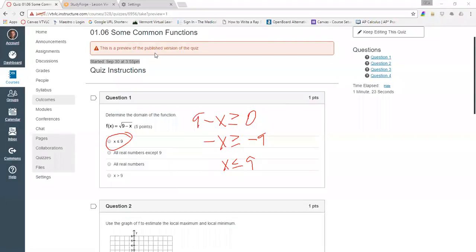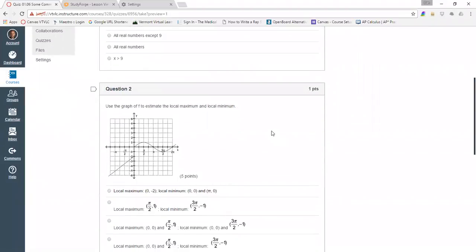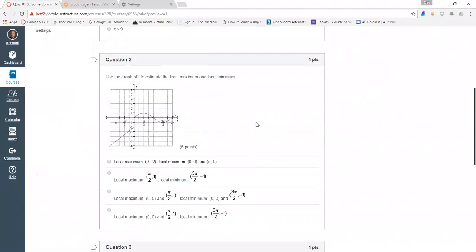So let's see if I can check it and see if I get it right eventually. I'm going to clear this. And then this says, use a graph of f to estimate the local maximum and minimum. Remember, local maximums and minimums are where you look at the peaks and the valleys. This almost looks like, okay, so this will be a maximum.